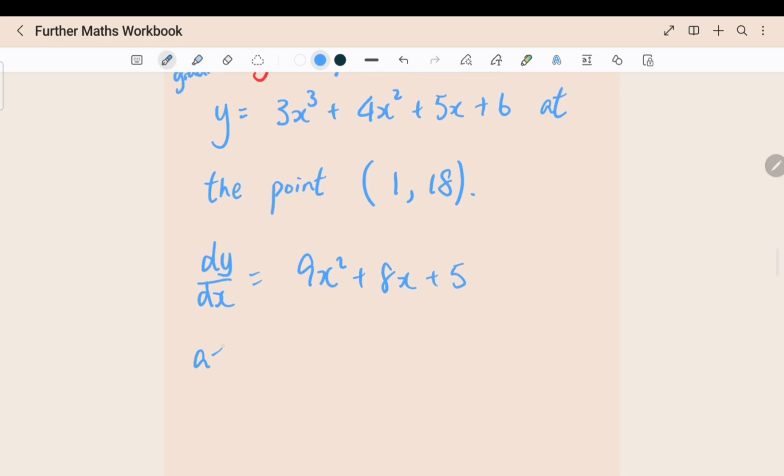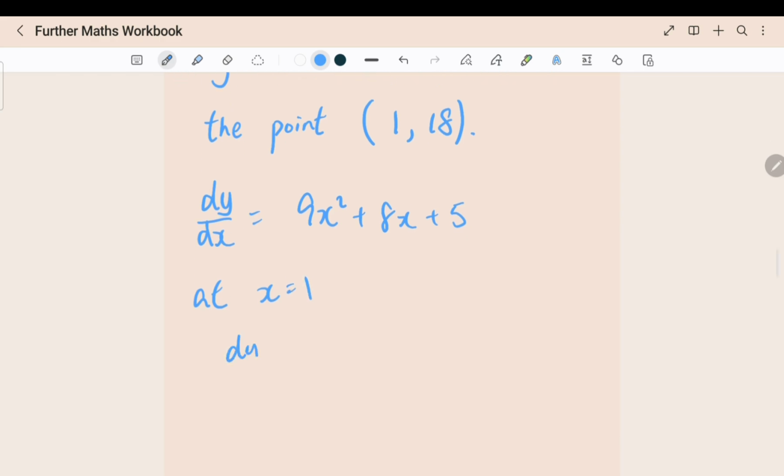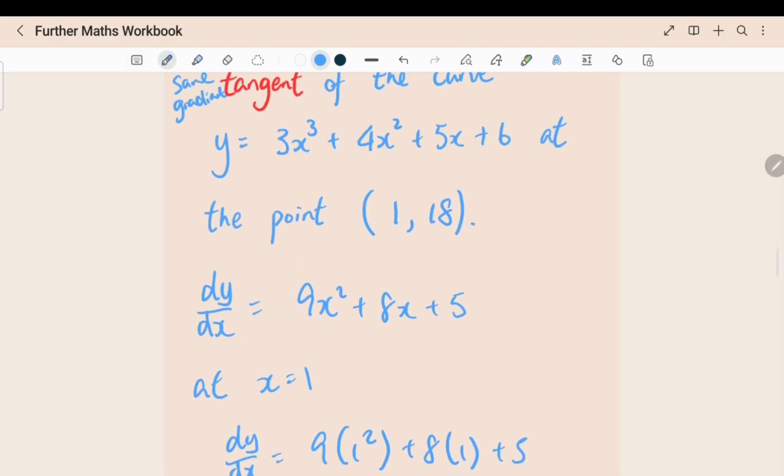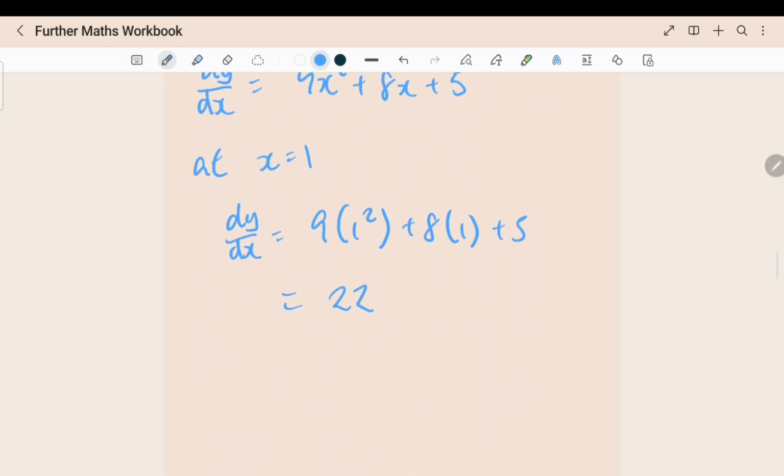Now at x equals 1, the gradient is equal to 9 times 1 squared plus 8 times 1 plus 5, which is equal to 9 plus 8 is 17, so I get 22. So the gradient is 22, which means the tangent must be y equals 22x plus c.